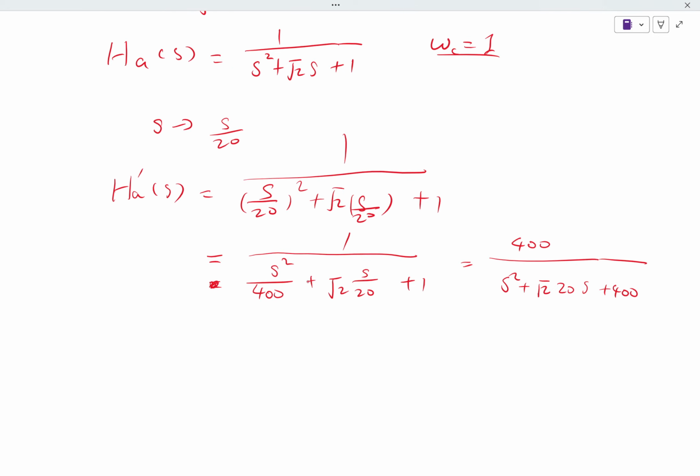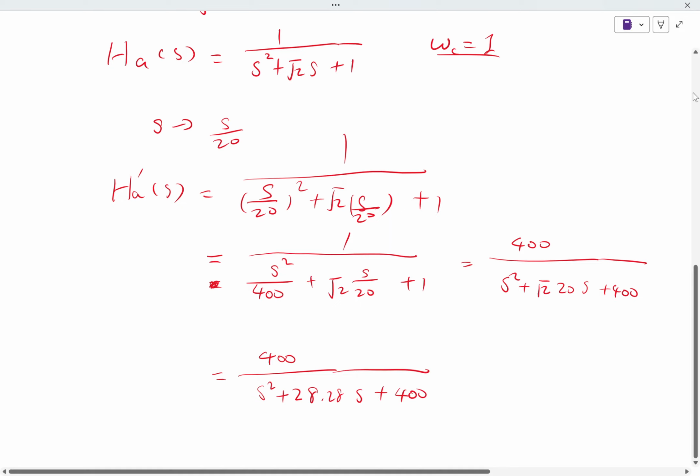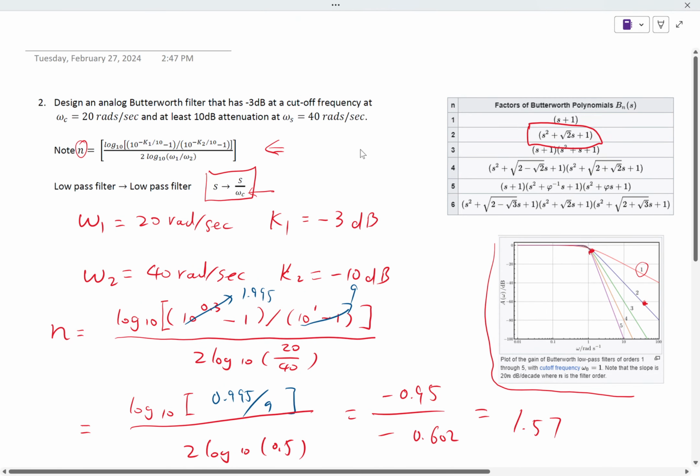In the end, we got 400 divided by S squared plus 28.28 S plus 400. That's the result. So first you need to determine N, and then you customize the template using this one. So you bring in the cutoff frequency.